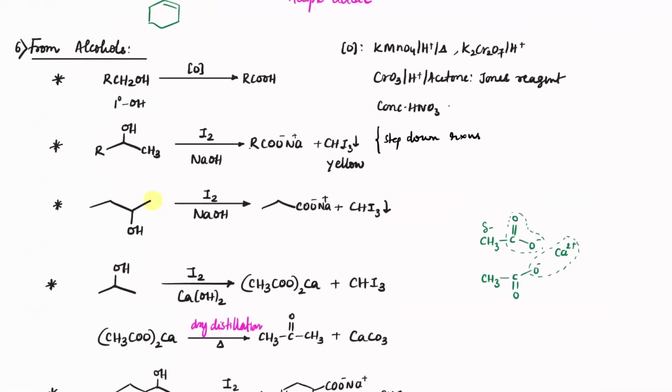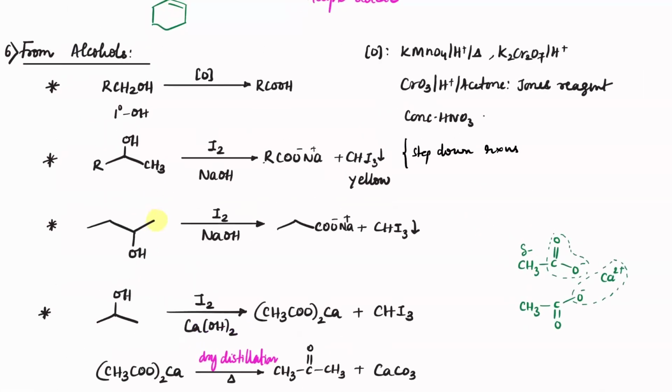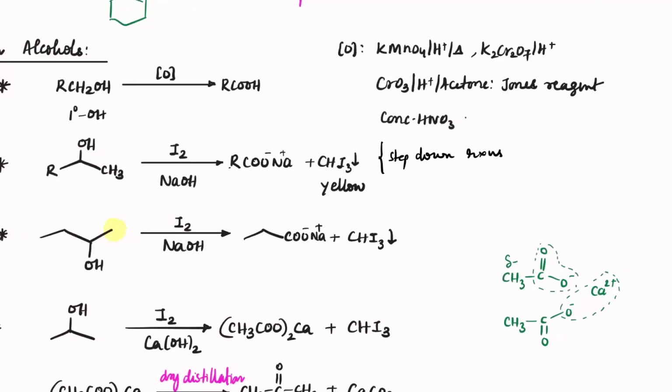Next, how do we get acids from alcohols? If you have primary alcohols, simple oxidation will lead to acids. All these are oxidizing agents: KMnO4, K2Cr2O7, CrO3 in acidic medium with acetone, which we call Jones reagent. We can use concentrated HNO3 also.